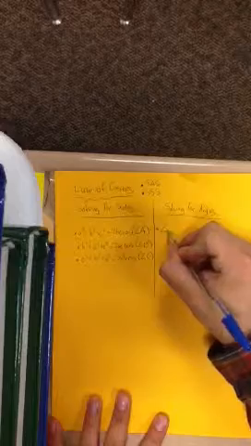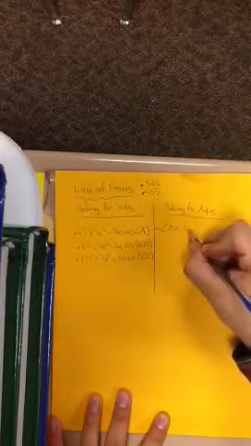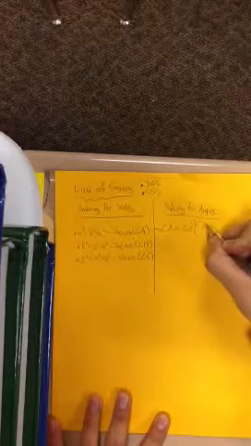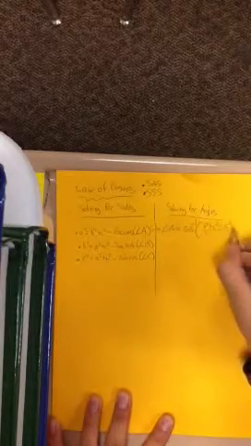Angle A would be equal to the inverse cosine of b squared plus c squared minus a squared all over 2bc.